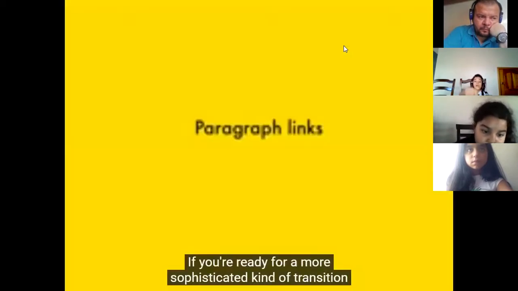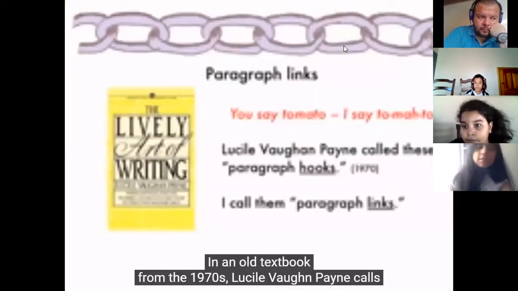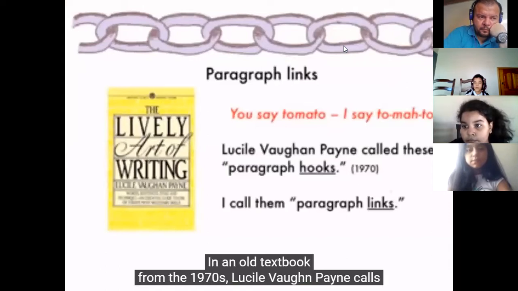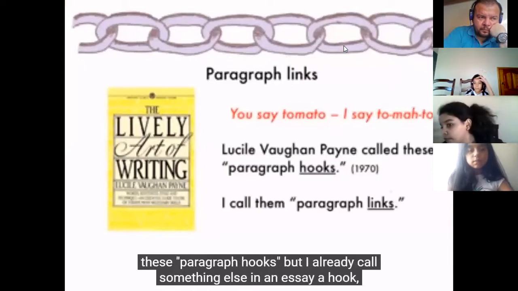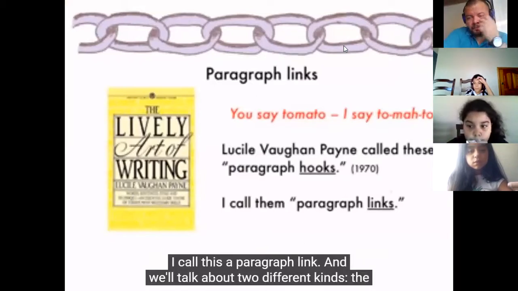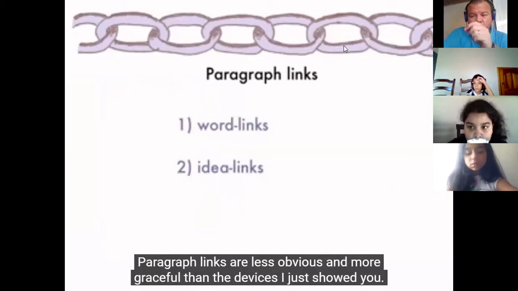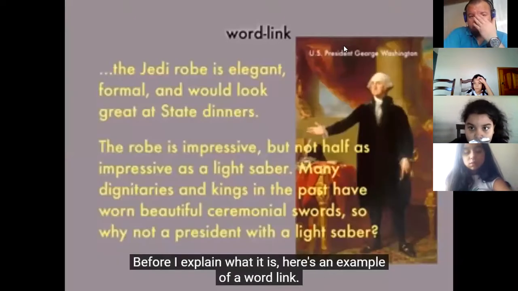If you're ready for a more sophisticated kind of transition, try what I'll call a link. In an old textbook from the 1970s, Lucille Von Payne calls these paragraph hooks. But I already call something else in an essay a hook, so to avoid confusion, I call this a paragraph link. And we'll talk about two different kinds, the word link and the idea link. Paragraph links are less obvious and more graceful than the devices I just showed you. Before I explain what it is, here's an example of a word link.